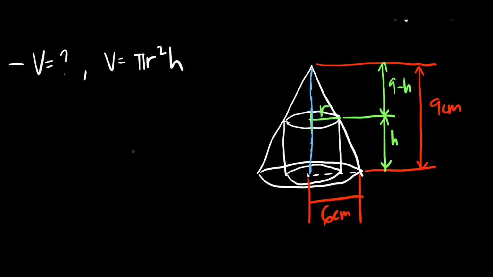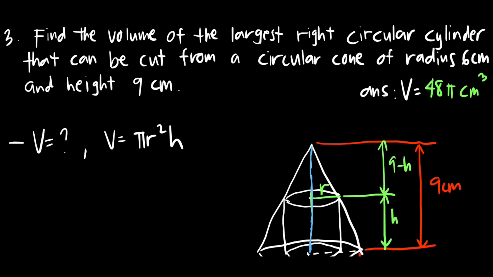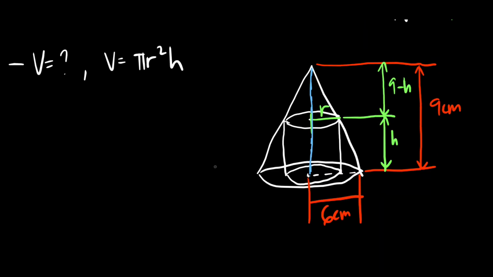So we need to maximize. The question is find the volume of the largest. So we need to maximize the volume of the cylinder. So V equals pi r squared h.